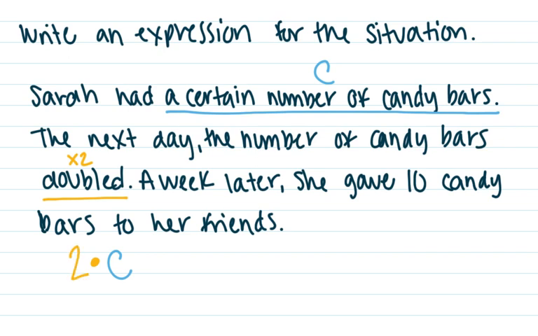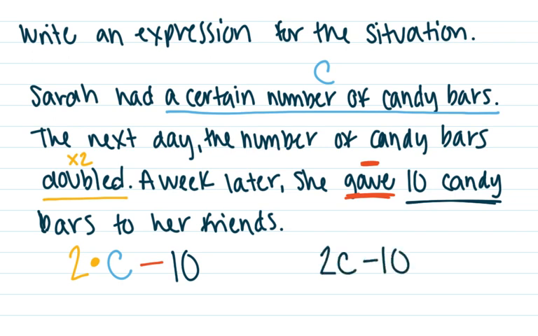A week later, she gave 10 candy bars away. Giving things away is subtraction. So we are subtracting how many candy bars? 10. So my final expression written all together is going to be 2C minus 10. That is what's happening in this situation.